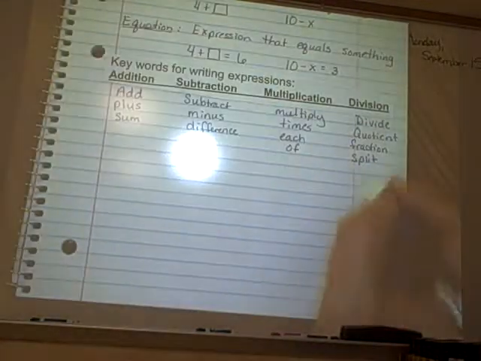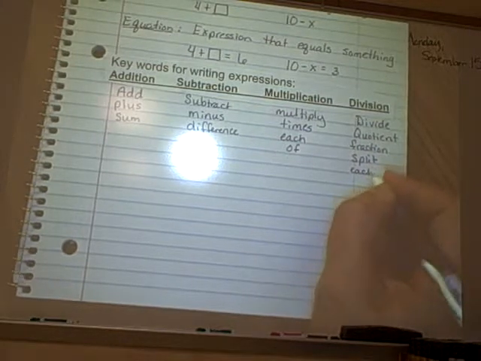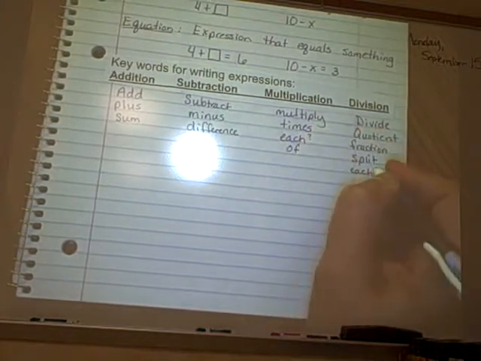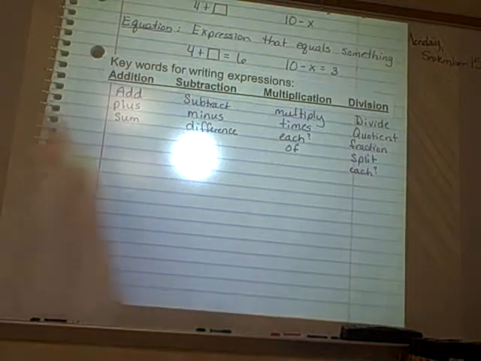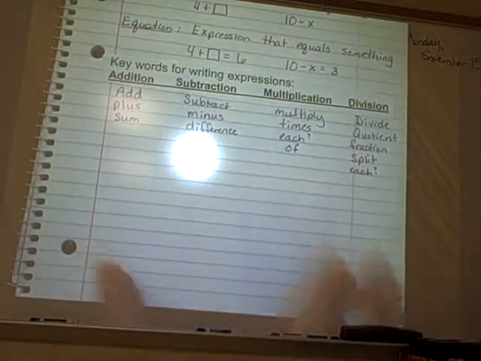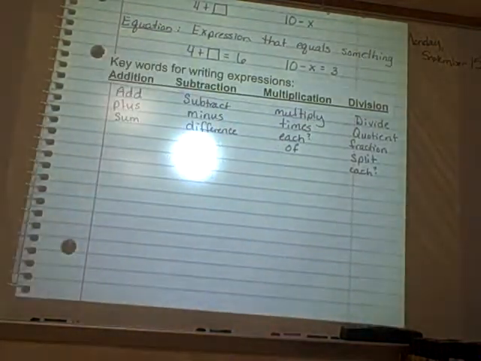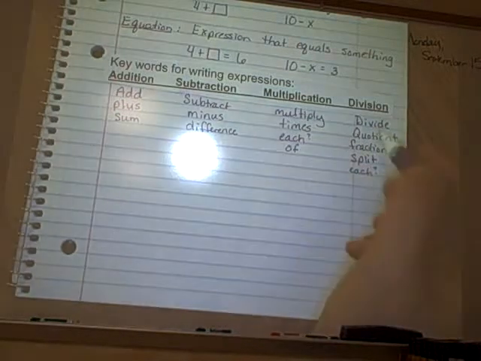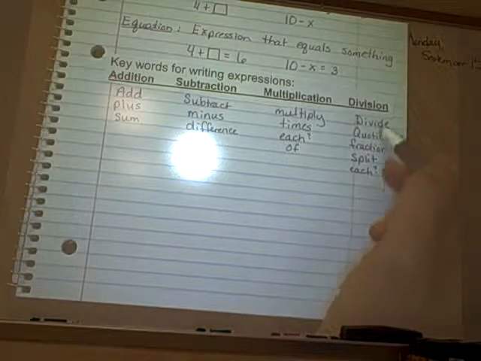So yeah, each could kind of go here too. So this one's kind of a possibility here, possibility here. What does it say for division on the third row? Division, quotient, fraction.